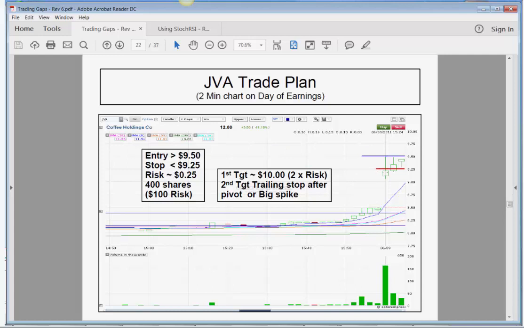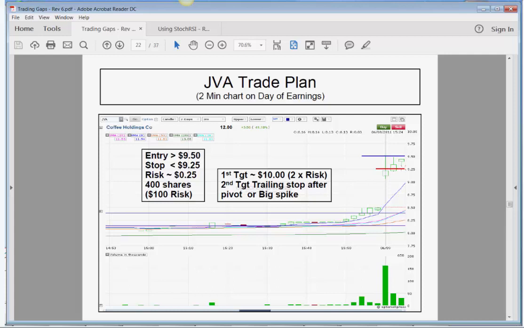So I set, this is a 2 minute chart, 2:46. This gap had kind of a shooting star look to it, so it gave me a little bit of pause. Then in the next 2 minutes, it got back up to 9.50, but it's looking to me that it cannot get over $9.50. So I held on.